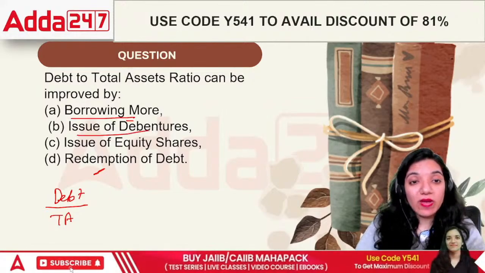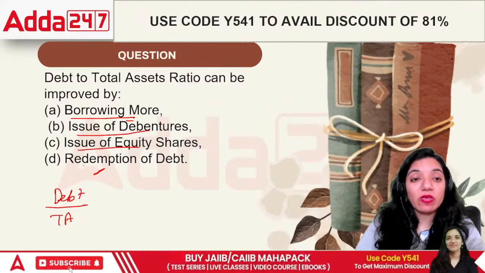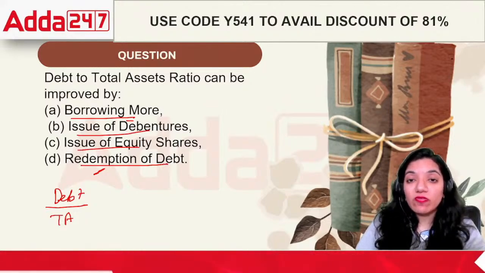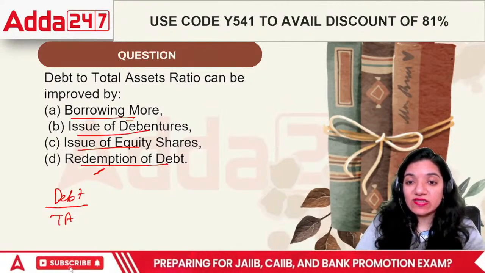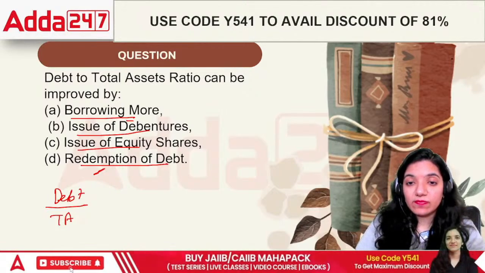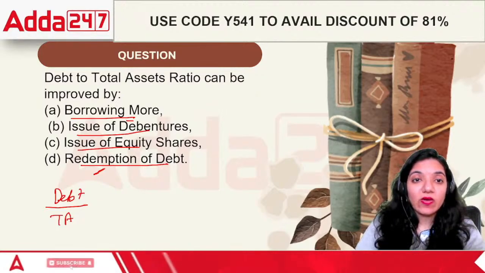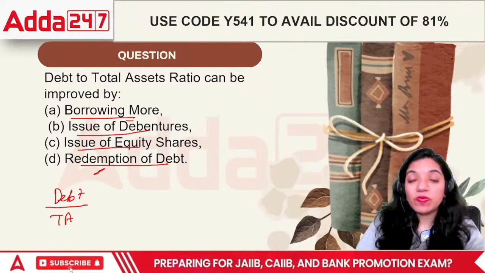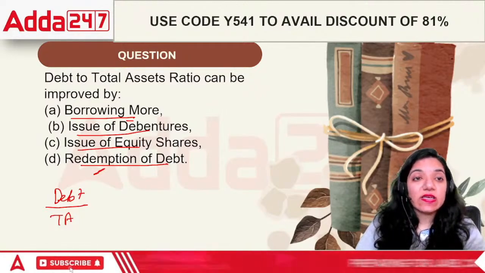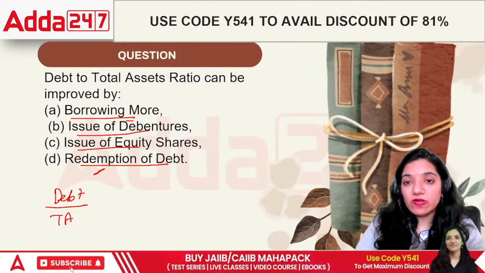By borrowing more, by issuing of debentures, by issue of equity, or redemption of debt. What will be the case? Okay. Now, in this case, what will be the correct answer? If I want to improve it further, what will we do?